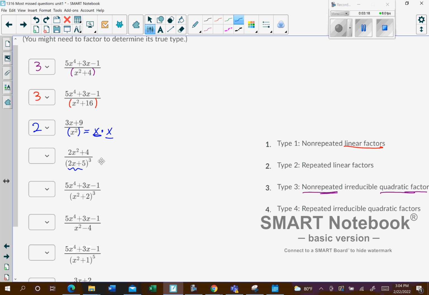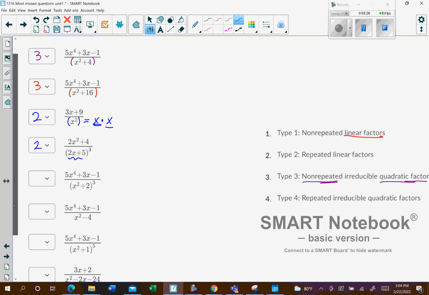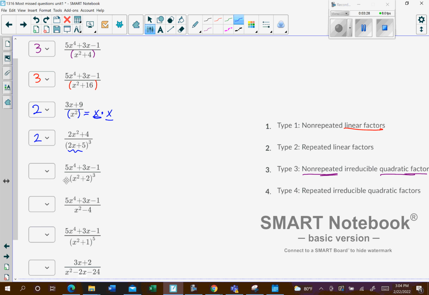Those are linear factors because you can break them apart, and so it's a repeat of the same factor 2x plus 5 over and over again. Then let's see this one right here. It's a quadratic, so right now you know that automatically, and it's not factorable, so it automatically narrows it down to 3 and 4. And so it's a repeat. You can see that the power right there indicates that it's the same factor multiple times. And so that's going to fall into category 4.